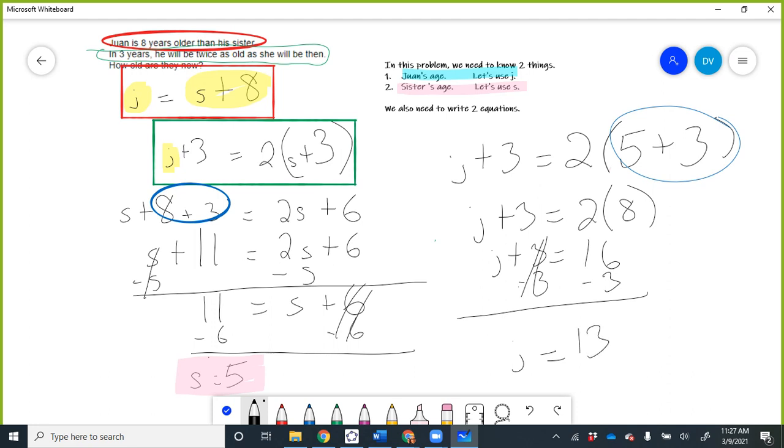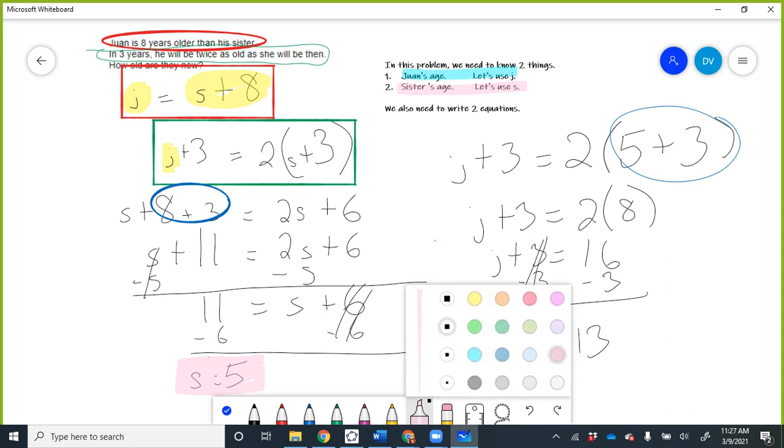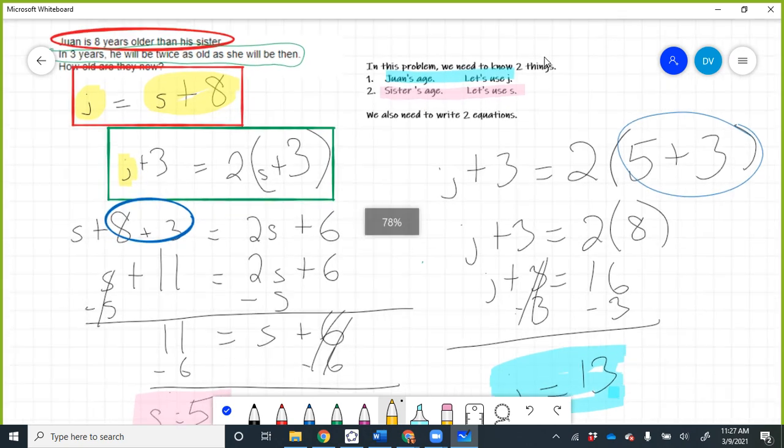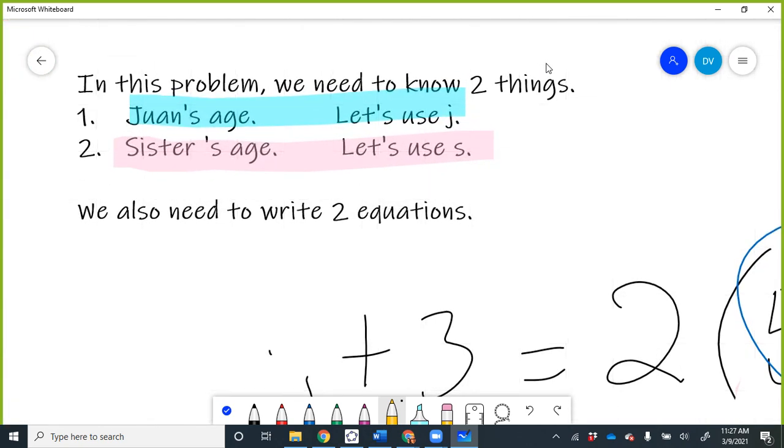And that's the other variable that we wanted. I'm going to go back and use blue again. So remember that we said that J was Juan's age. So remember up at the top there, right here, maybe J is 13 and S is 5. So we could put our answer here, I guess.